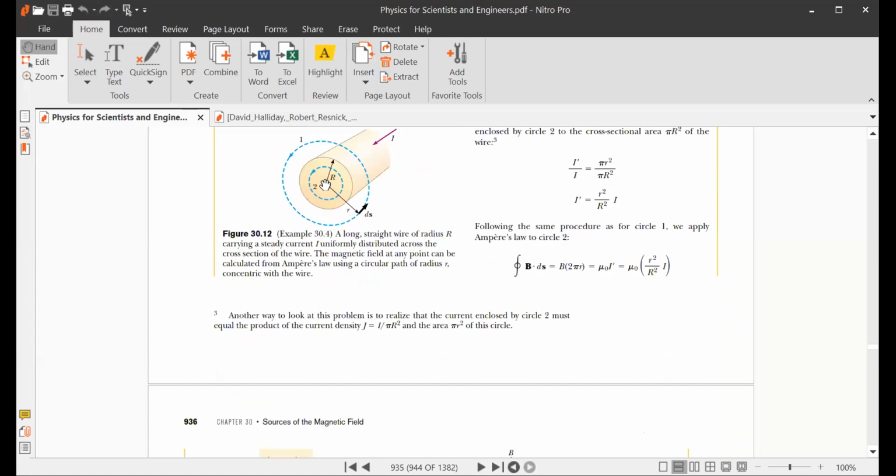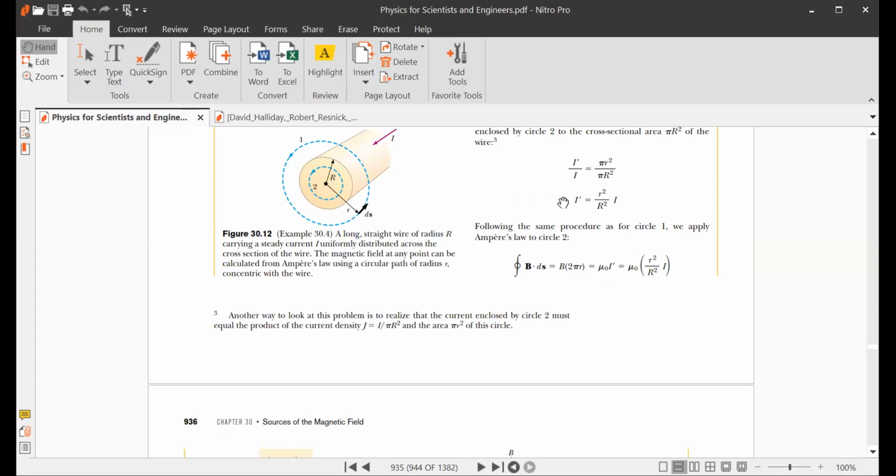If you consider this little circle, this second circle here, where the big circle is the first one and this is the second one, we get I enclosed is I prime. The comparison of I prime over I is proportional to the radius r squared over capital R squared.